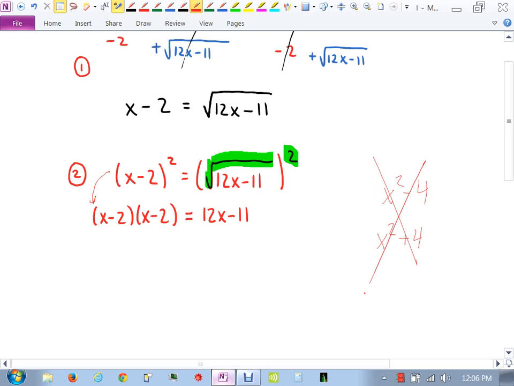All right, let's FOIL that out. Here you have what? X times x is x squared. x times negative 2 is negative 2x. The inside, negative 2x again. And the outside is positive 4. Equals 12x minus 11.